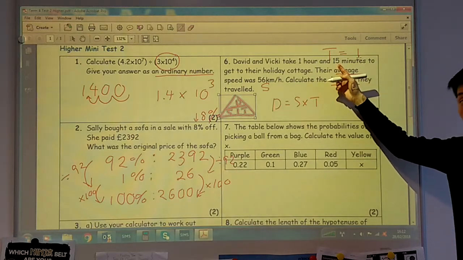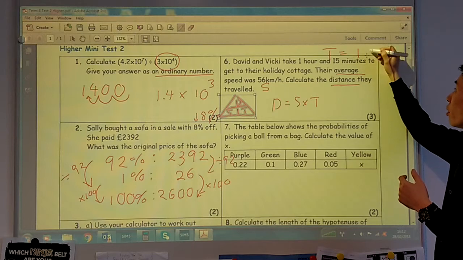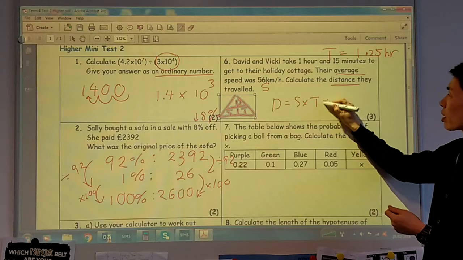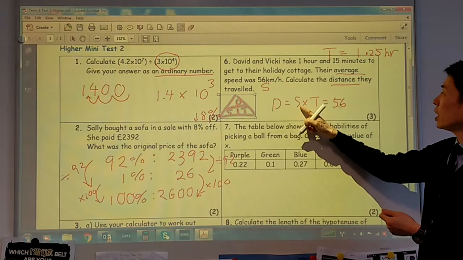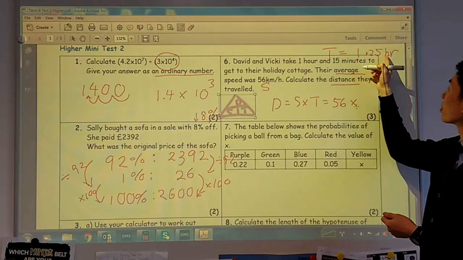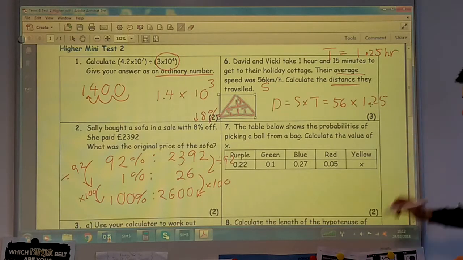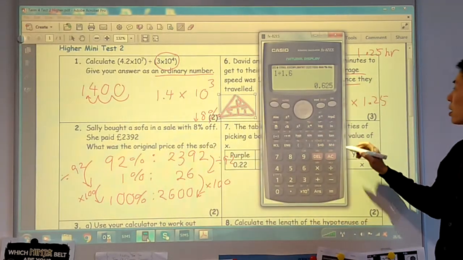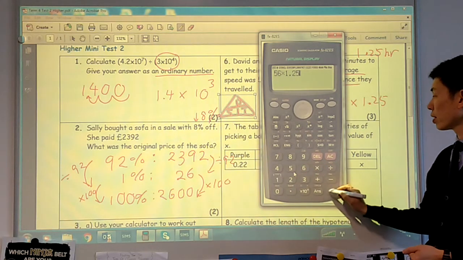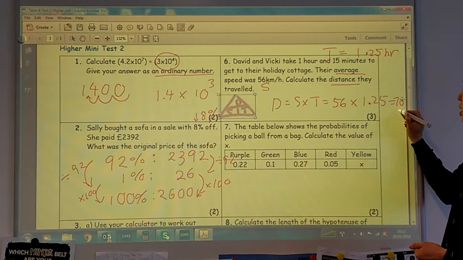Now 50 minutes is a quarter of an hour, so a quarter of an hour is 0.25, therefore it's 1.25 hours. So it's 56, the speed, times the time in hours, 1.25, and that comes to 70 kilometers.